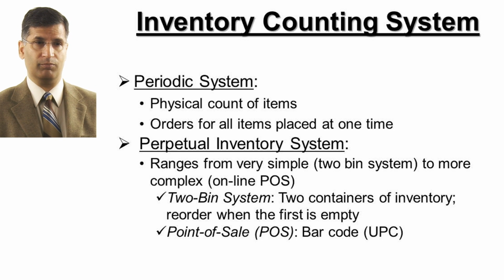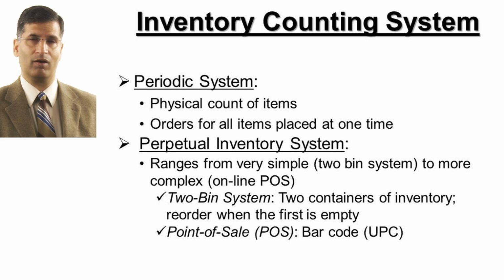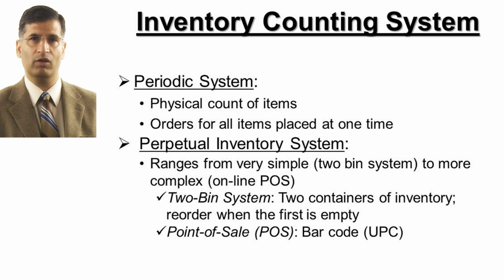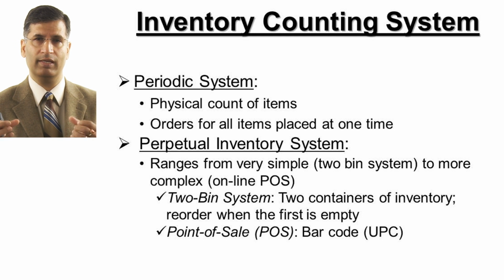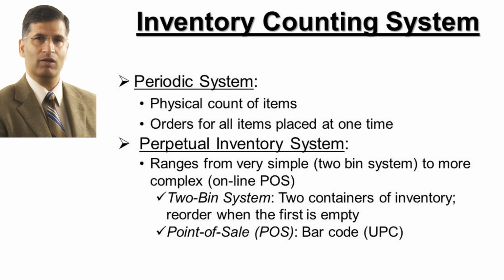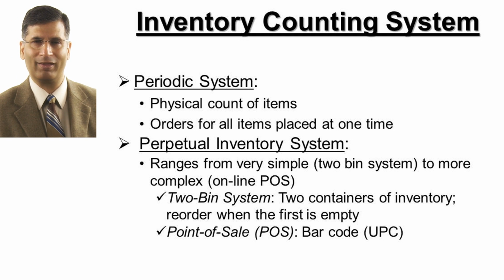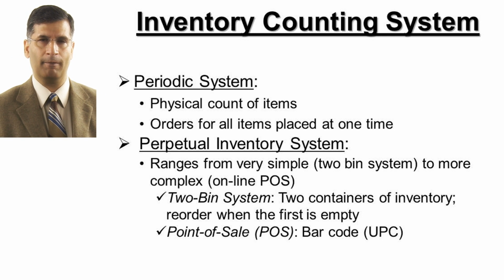In the two-bin system, you basically have two bins containing inventory. One is in the back office and one is in the front. You meet customer demand from the front. As the bin becomes empty, take the empty bin on the back, pull out the full bin, and place an order for empty bin. And that order can be placed at any moment.